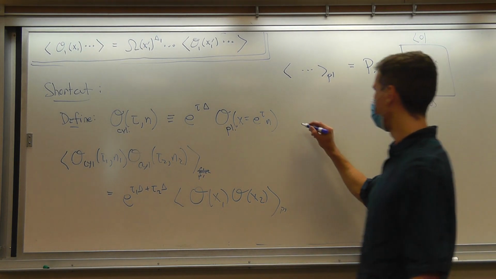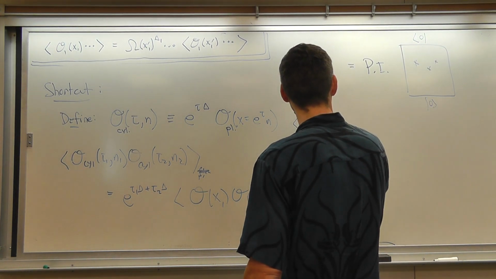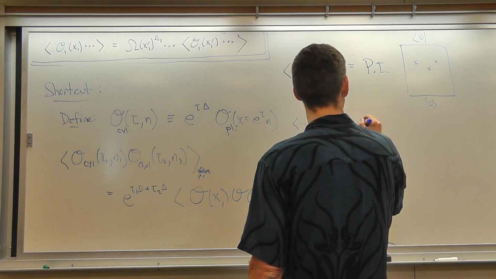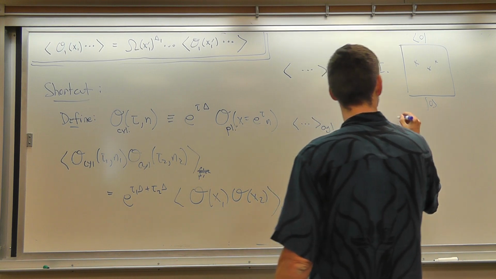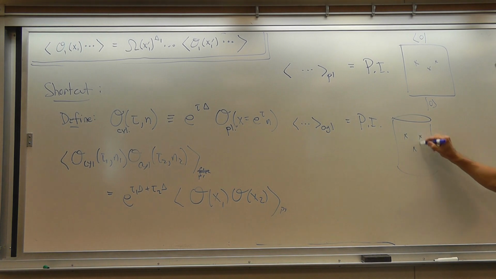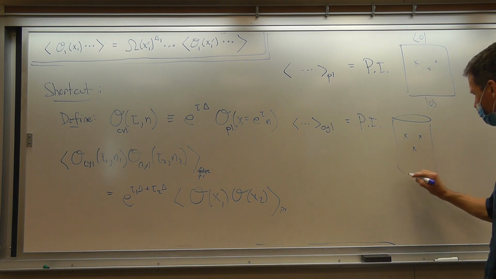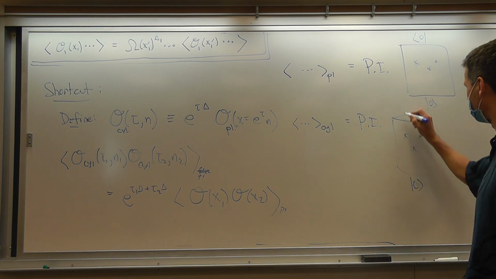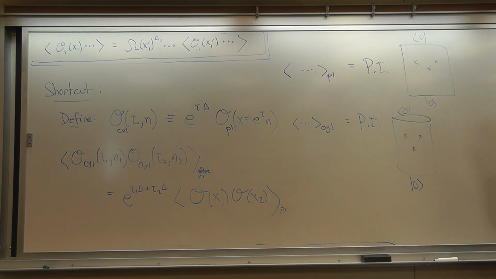When I write the other correlator, I mean the path integral on the cylinder with my operators inserted. But again, this path integral on the cylinder calculates correlation functions in the Minkowski vacuum of the cylinder.